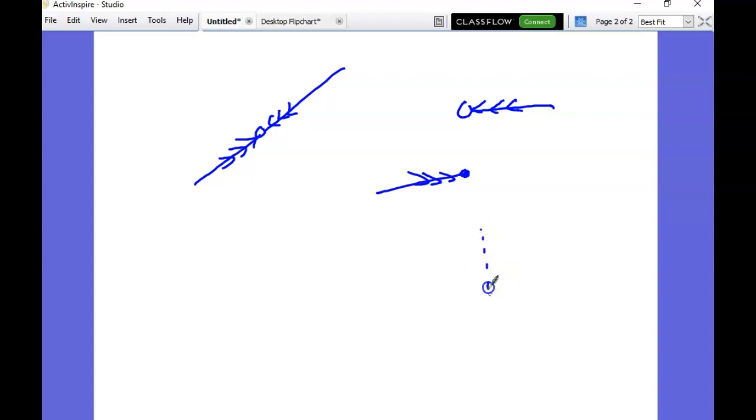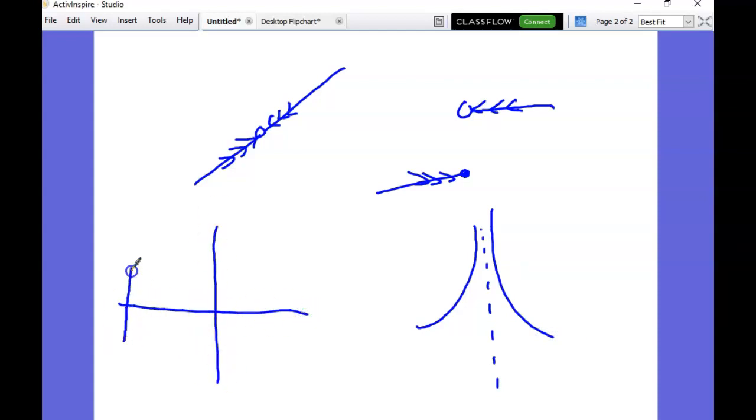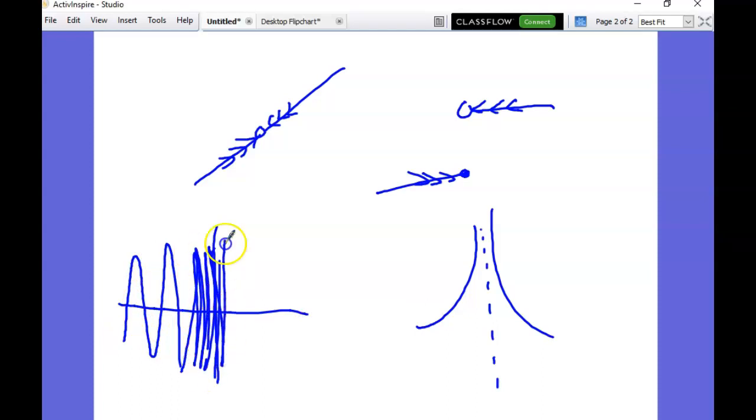Another way that you can have a non-removable discontinuity is with an asymptote. The limit just doesn't exist. Okay. Another way you could have a non-removable is one I showed you earlier, those oscillation ones. Remember those? Those ones also are non-removable.